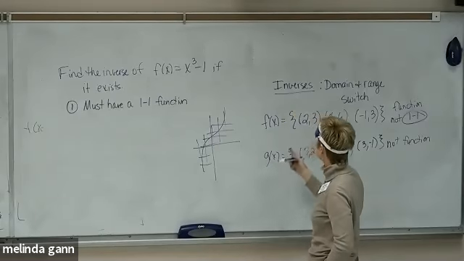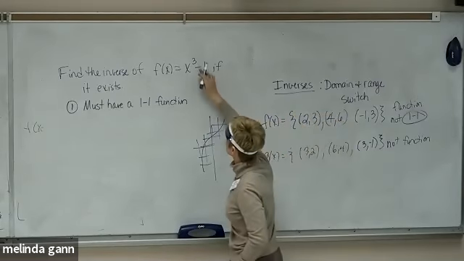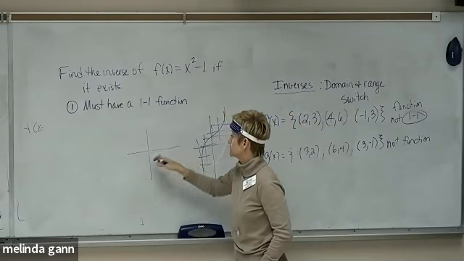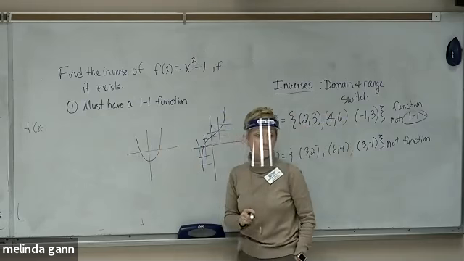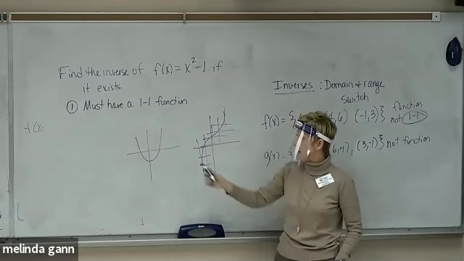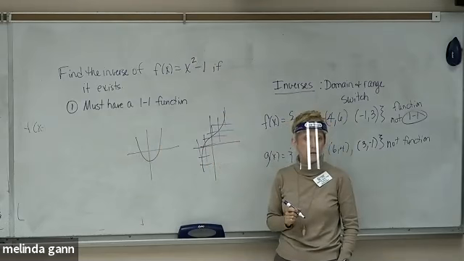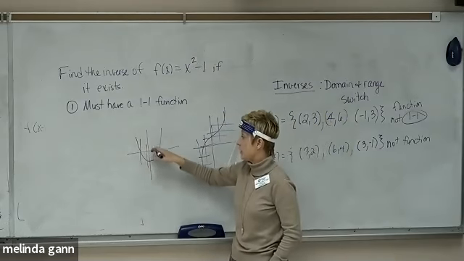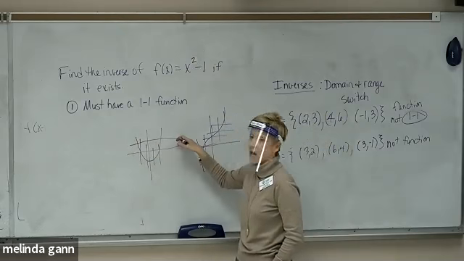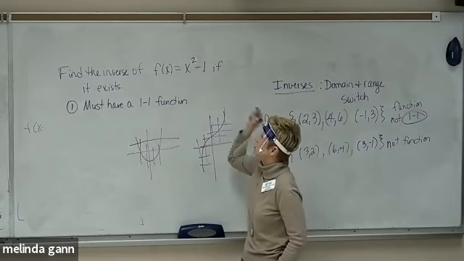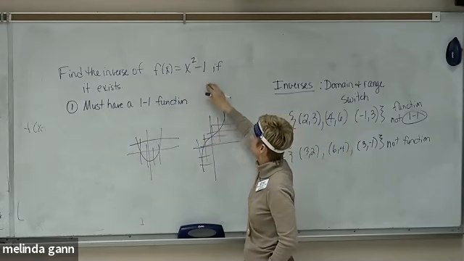Now, what if I had said this was your function, x squared minus 1? Is that function one-to-one? It passes the vertical, so it's a function, but does it pass the horizontal? No, so is it one-to-one? No. Then you would stop and say, there is no inverse.